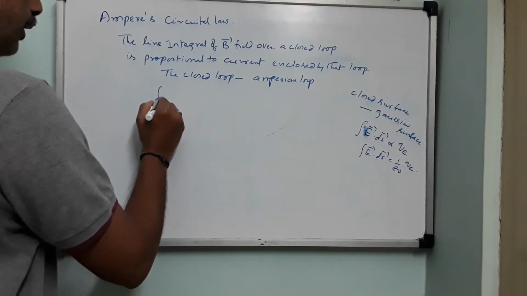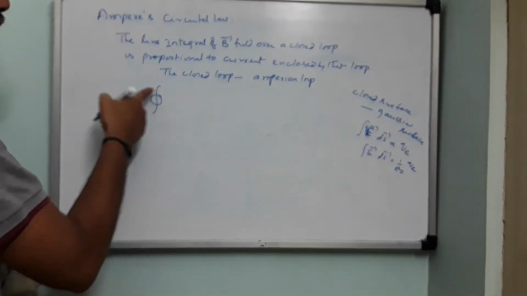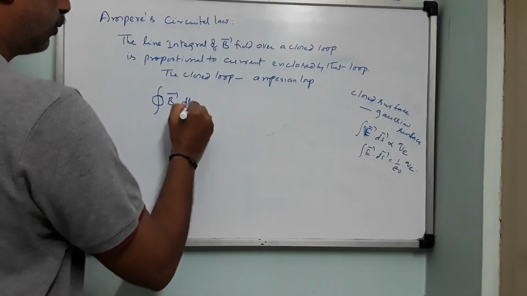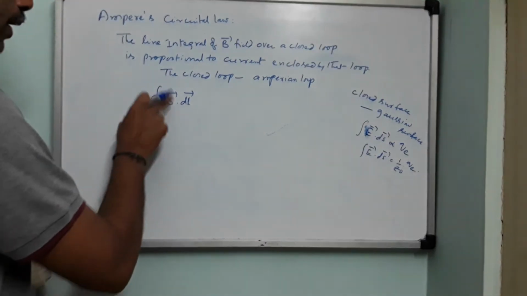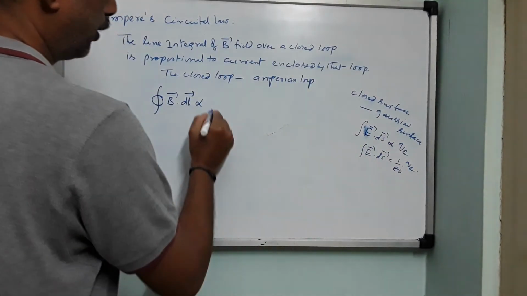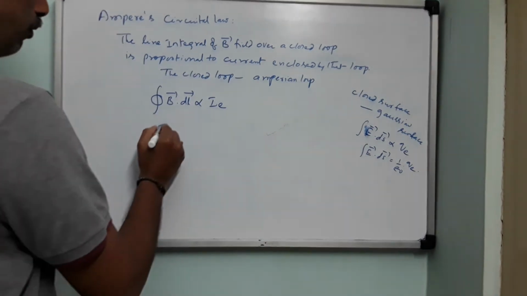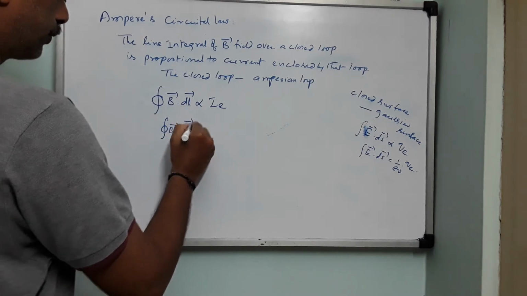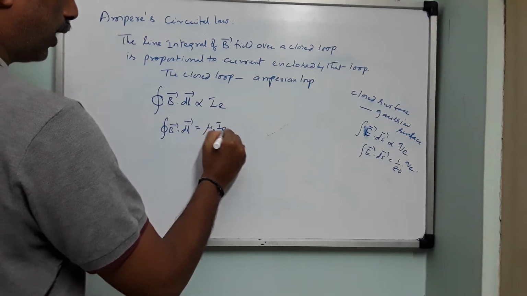This is the line integral over a closed loop, the symbol of which is like this, of magnetic field. So dl, you observe here, ds is surface area, dl is loop length, which is directly proportional to charge enclosed, here current enclosed, IE. So this will be written as the line integral over a closed loop B dot dl equals some constant mu naught into IE.